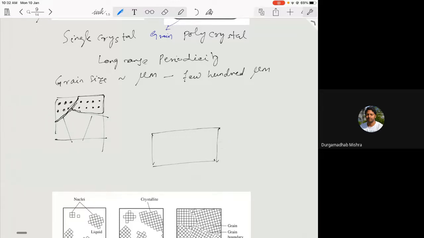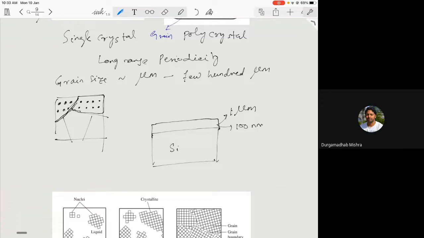I want to grow or coat another material on top of it, a very thin film. Typically, let's say maybe 1 micron thick, or sometimes even lower thickness, like 100 nanometer or even less than that. So you want to grow a thin film on a silicon layer.